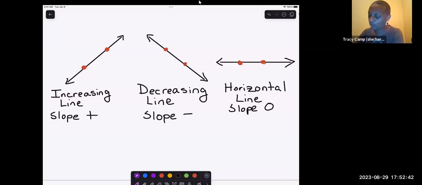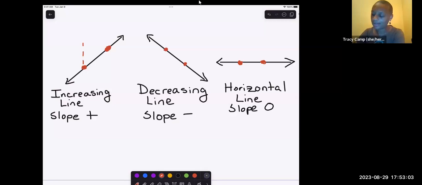That's because when we read graphs in mathematics, we read from left to right. To go from the point on the left to the point on the right, we have to go up a certain amount.